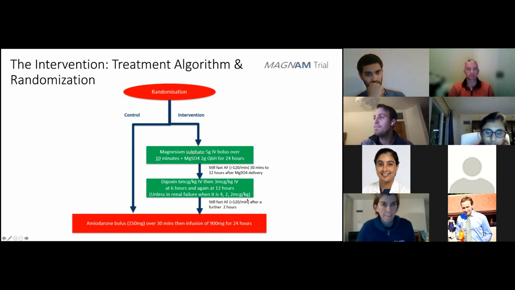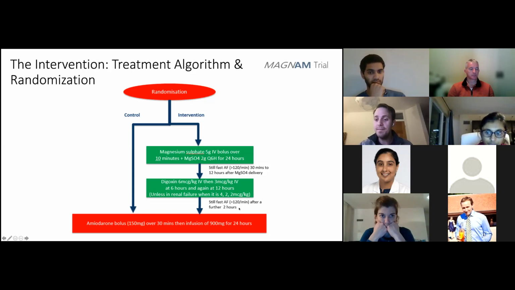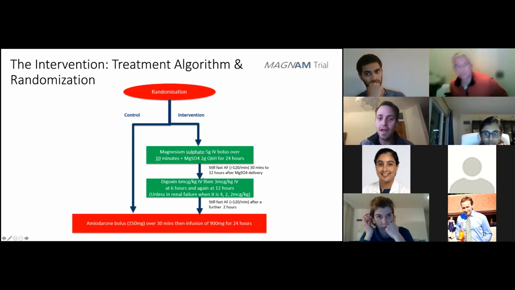And then if the patients after getting digoxin are still in fast AFib, then we have rescue amiodarone, or so to speak, a crossover, and then patients would get their 150 amiodarone followed by the infusion. If you've made it to this point where patients are getting amiodarone, still complete the rest of the first box and the second box.